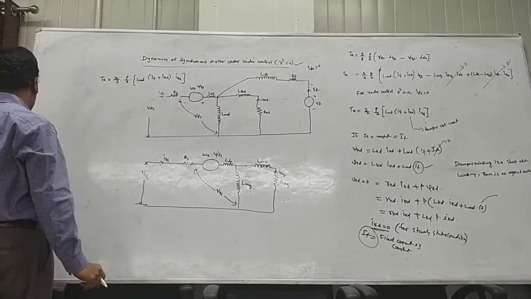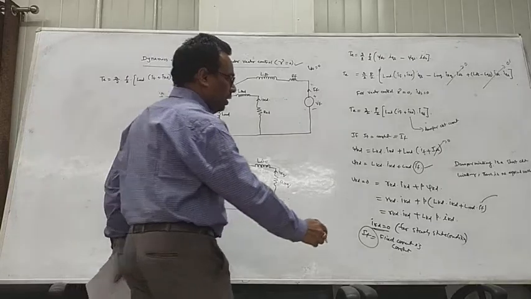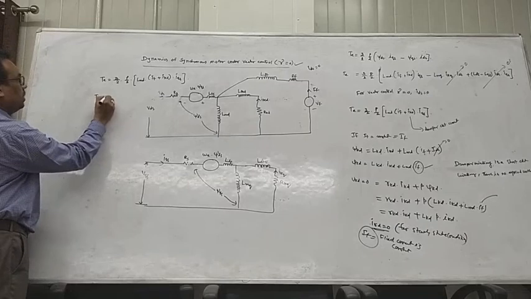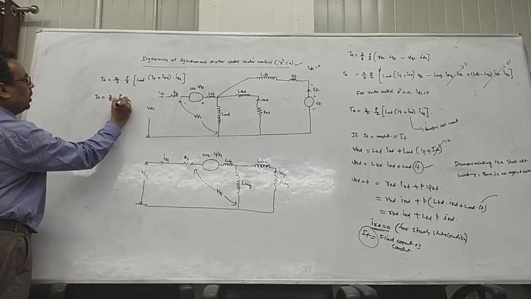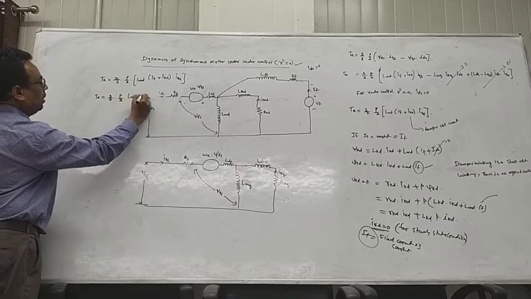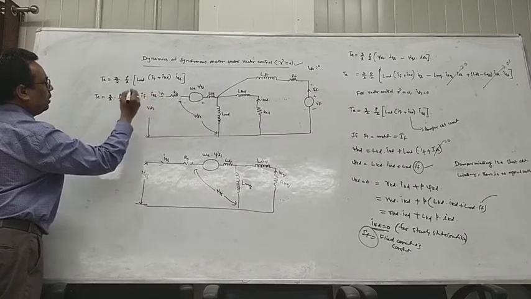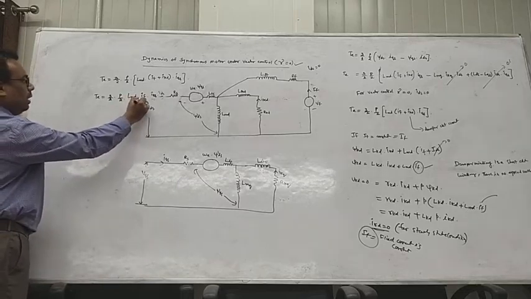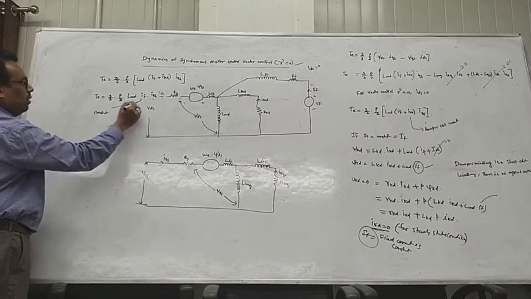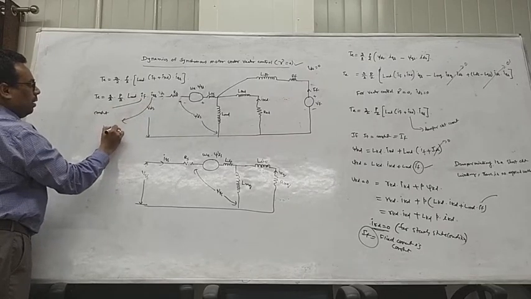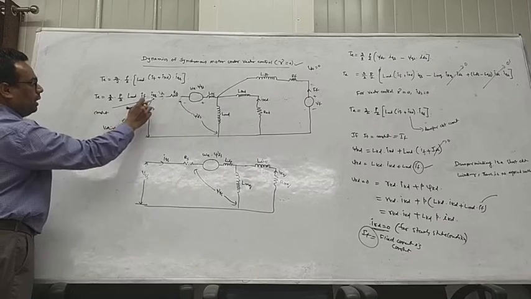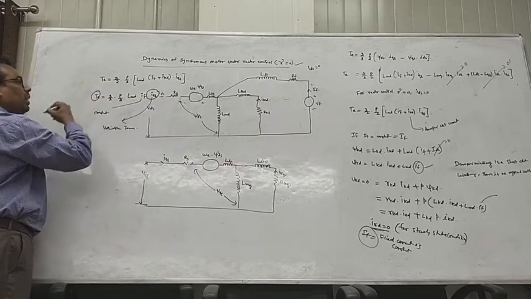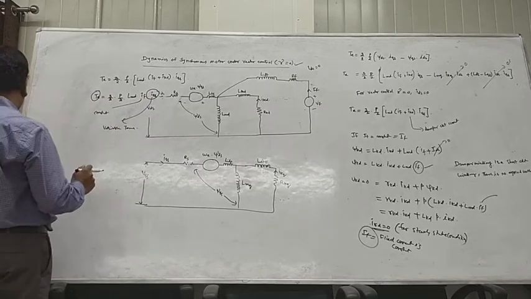This IKD value is 0, so substituting it, the torque equation is equal to 3 by 2 into P by 2 into LMD into IF into IQS. This IF is a constant term and IQS is a variable term. If you vary the IQS value, the torque of the motor will change.